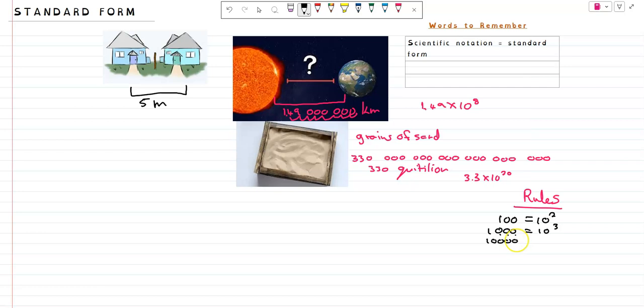10,000 equals 10 to the power of 4. 100,000 equals 10 to the power of 5. 1,000,000 equals 10 to the power of 6. Okay, so those are the little bit of rules that we need to memorize.